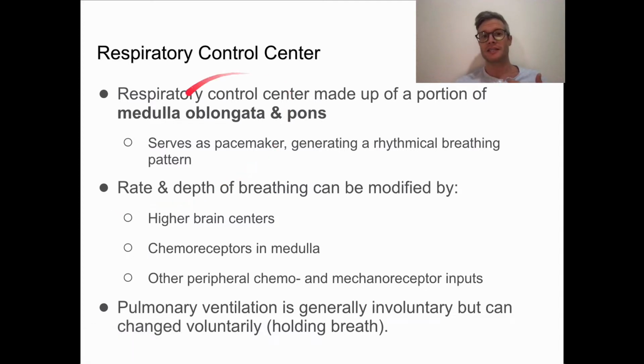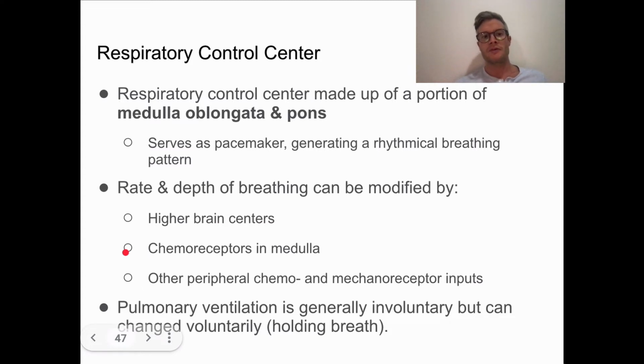So it's not all passive and automatic, right? If we want, we can choose to hold our breath. We can choose to inhale deeper or forcefully exhale. And so what a lot of that conscious control, not the automatic or autonomic control, comes from is our higher brain centers, like our motor neurons, and just our conscious control of breathing.